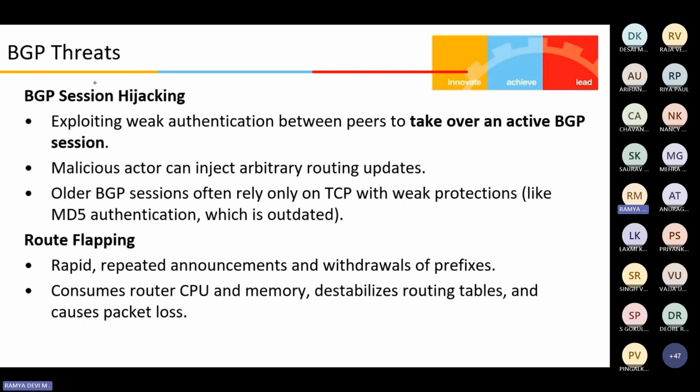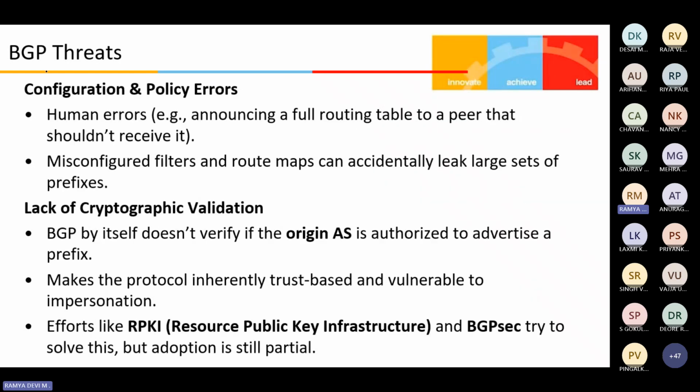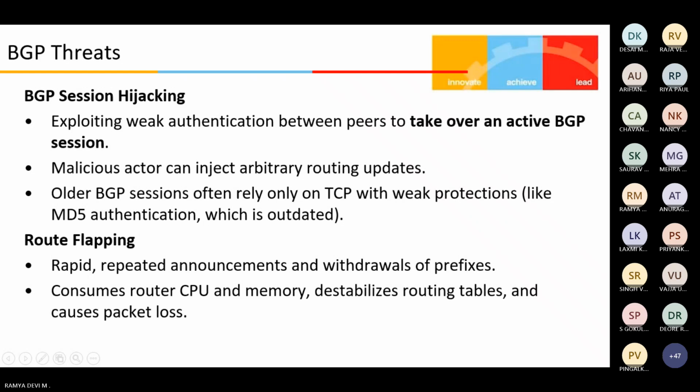Now we'll see the next PGP threat. The next threat is PGP session hijacking. It exploits weak authentication or a lack of security between the PGP peers. An attacker takes over an existing PGP session and tries to inject malicious routing updates.